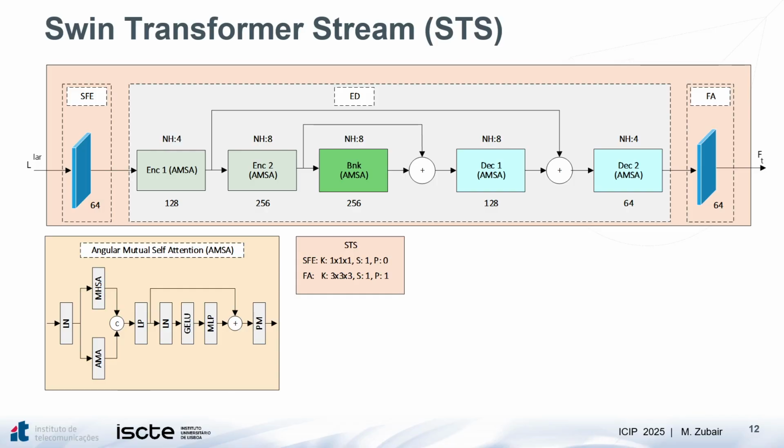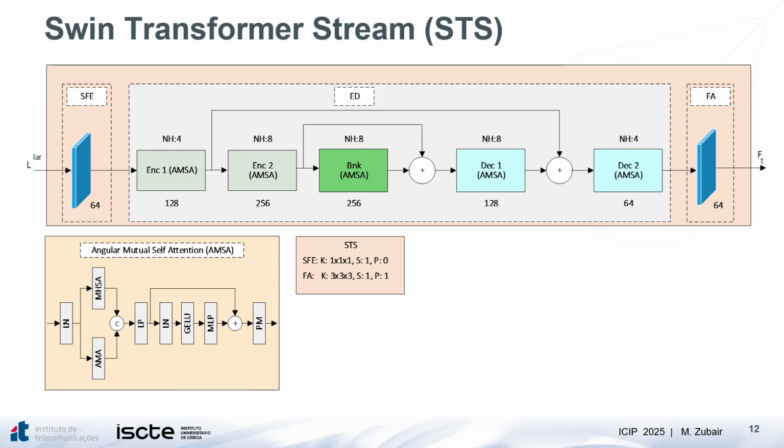Then the encoder-decoder hierarchical features are passed to the feature aggregation component, where we also have a single convolution layer that generates a unified feature representation.